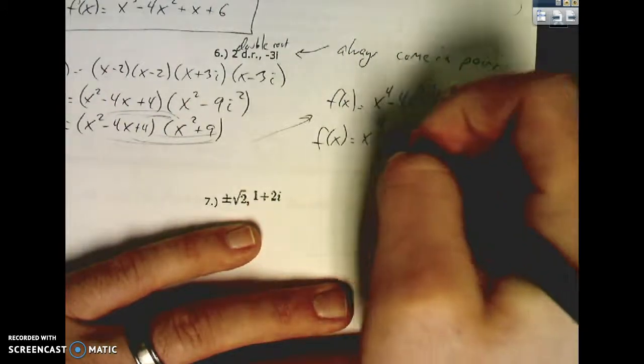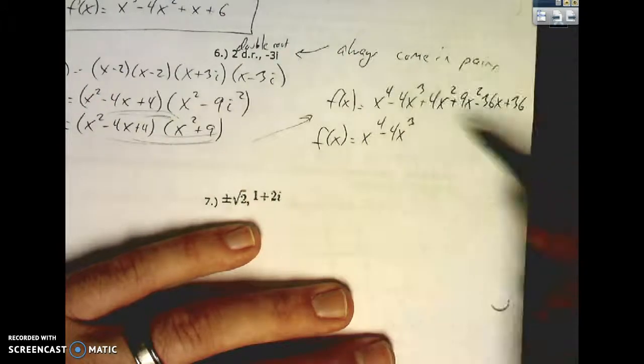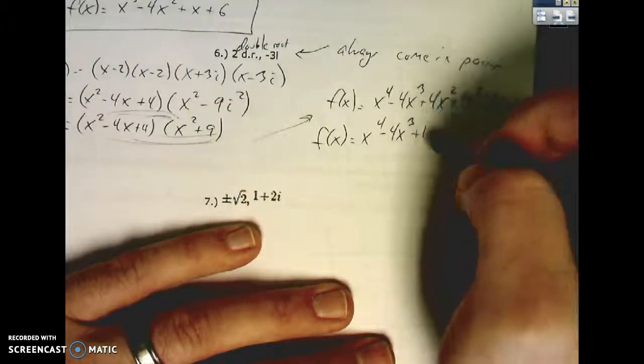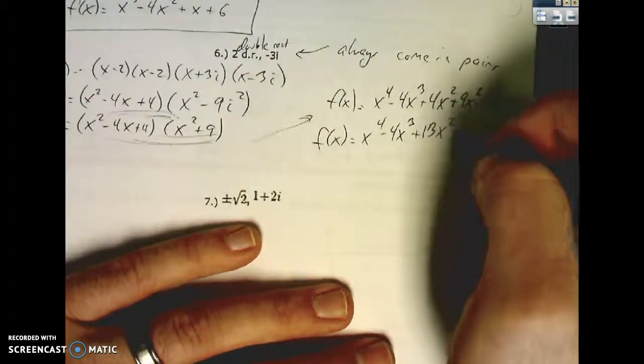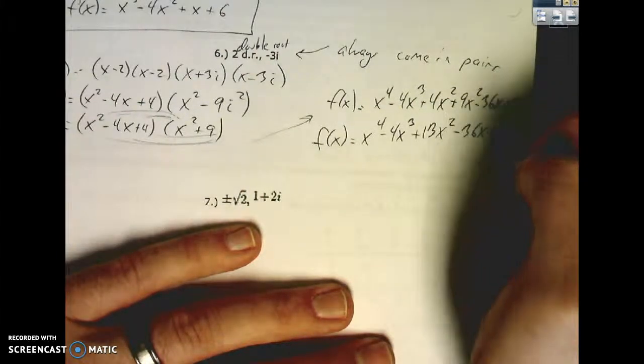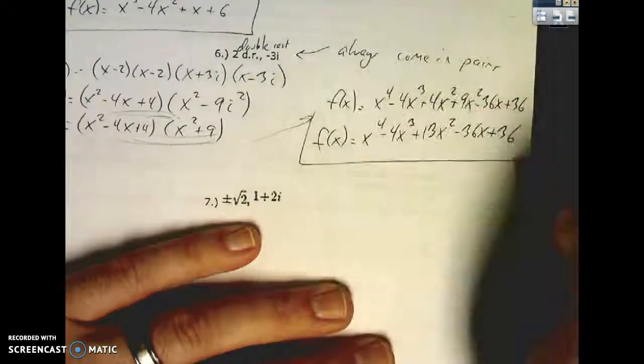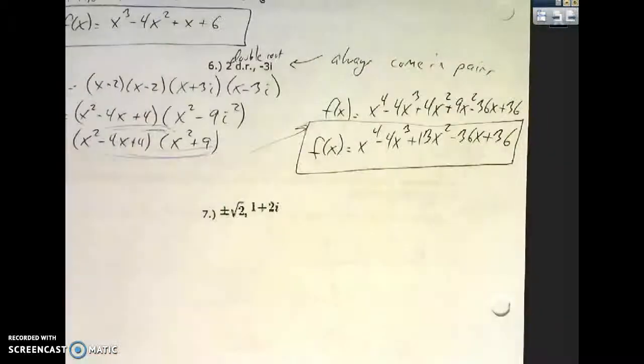That's the only x to the 3rd I have there. 4x squared plus 9x squared is 13x squared minus 36x plus 36. And we're all set. These ones are a little tougher because if I graph that, you can't really see the imaginary roots on a graph, but you get the idea.